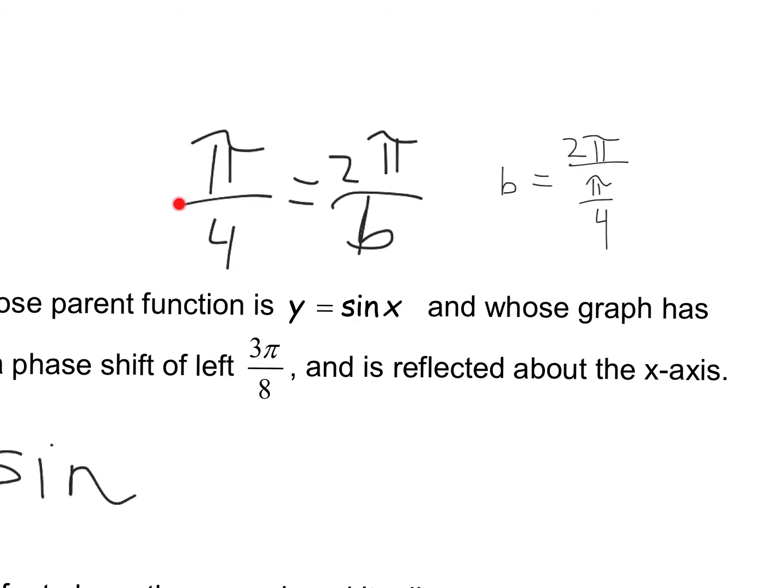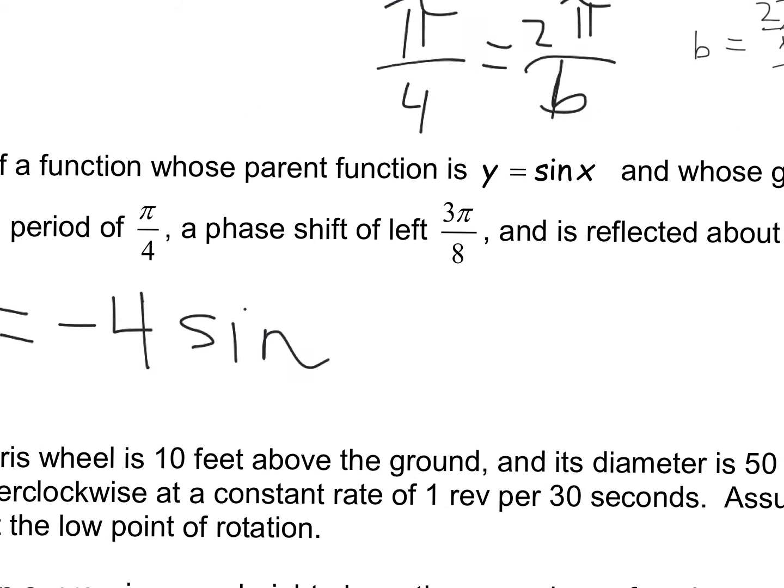Because if you think of all of this as one term and b is right here, I could take this and invert it. You could also cross multiply and solve, but you end up getting the same thing. Dividing by pi over 4 is the same as multiplying by 4 over pi. The pi's cancel, and then you have 2 times 4, so our b value is 8.